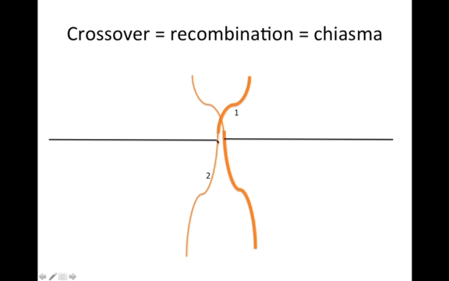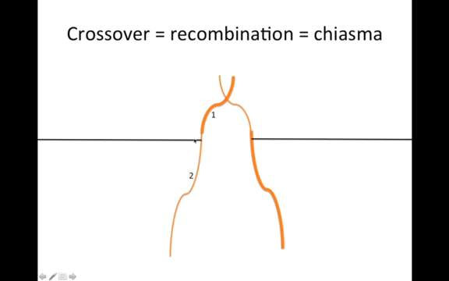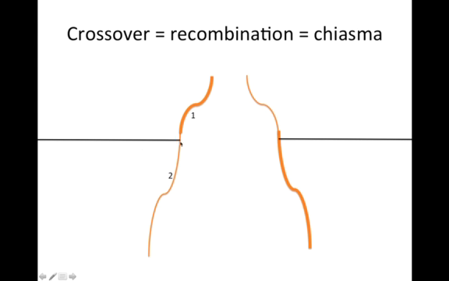So now let's follow through what happens when these get drawn. So here are our microtubules attaching and pulling our chromosomes to the opposite poles. And so what we see is that we end up with these hybrid chromosomes, these chromosomes that are a combination of our two starting homologous chromosomes.